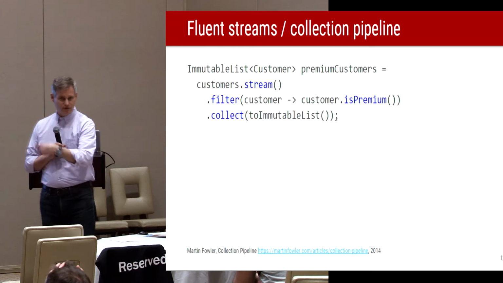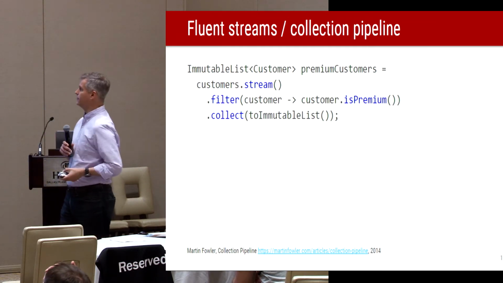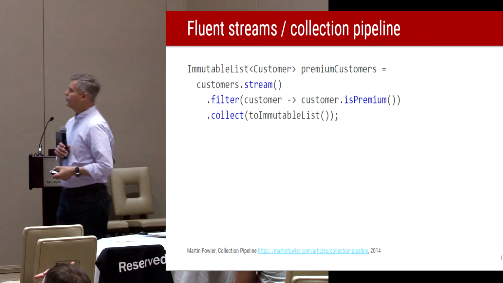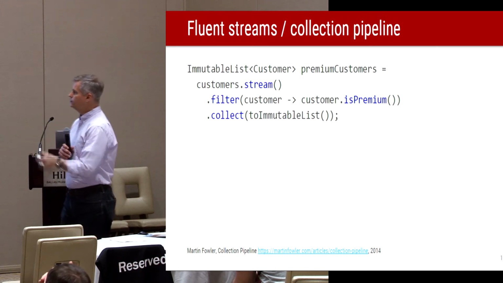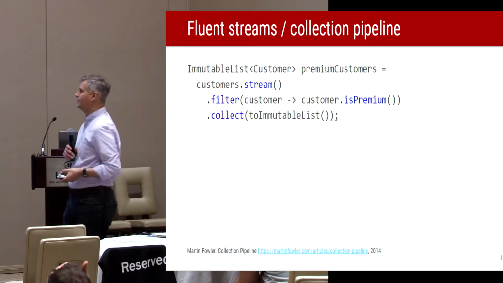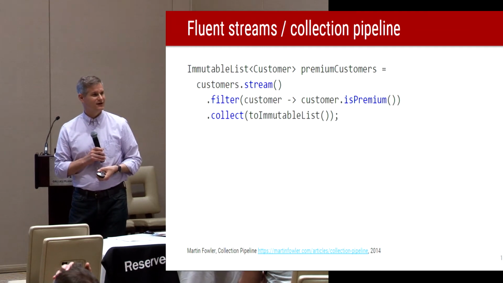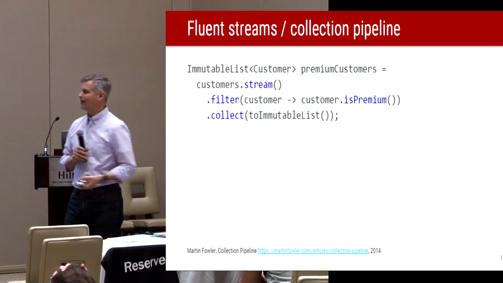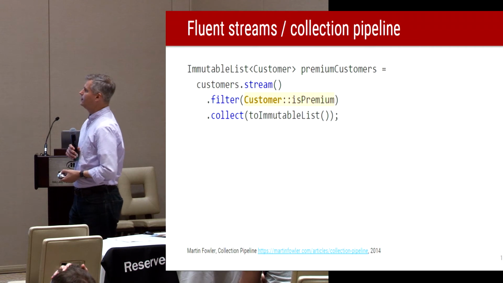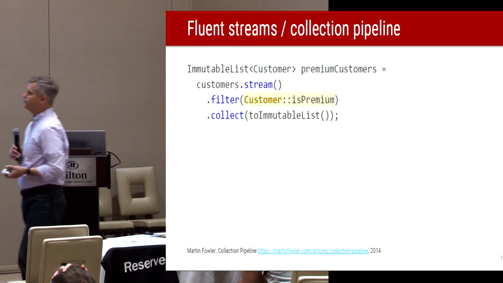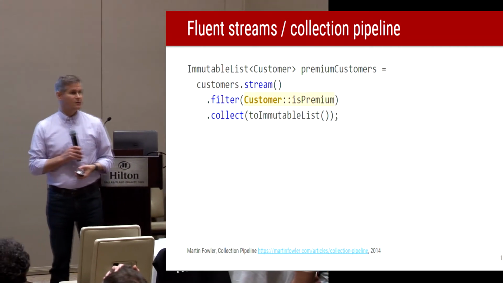Okay? And there's a whole bunch of operators that work just like this. Now, one of the things we say is, look, there's a lot of mechanics in that statement. There's just a bunch of blah. It doesn't read very nicely. So one of the things we do here is put in a reference to the method itself.